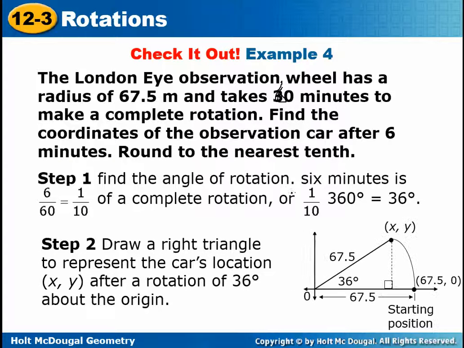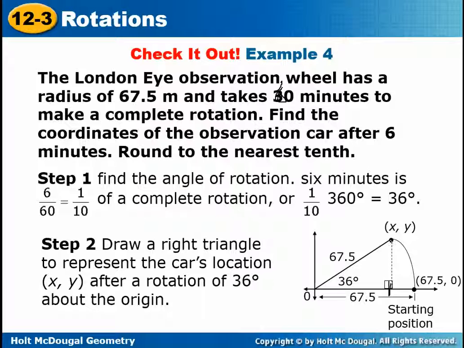So we will use the right triangle again to represent the car's location. This radius is the same no matter where you draw it. So the radius of 67.5 meters is the same here and here. So we can use cosine of 36 to find the x-coordinate.